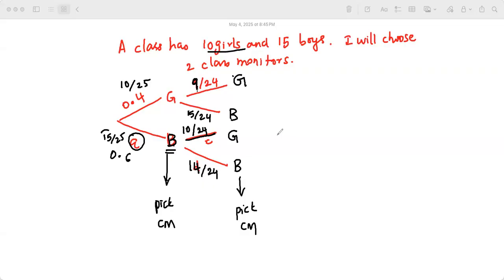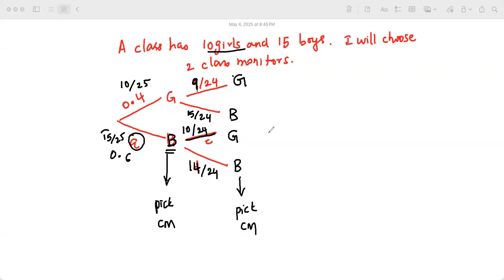Now, can I ask you questions? Okay, for Chetan, let me read out. Chetan, the probability of a girl first being picked as the class monitor is 0.4. So the first class monitor being a boy is 0.6, Chetan. Then the second class monitor being a girl is 9 out of 24.